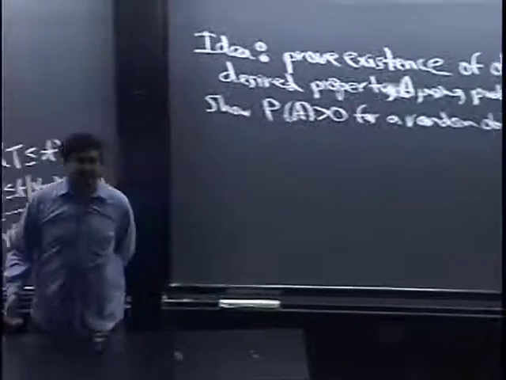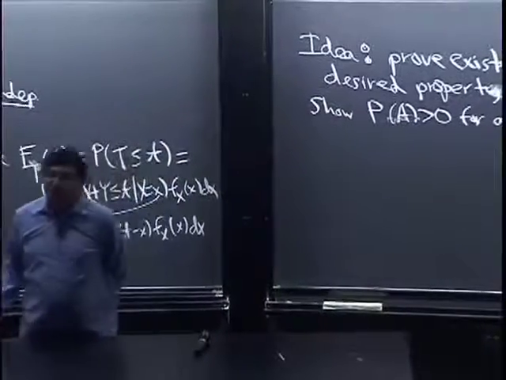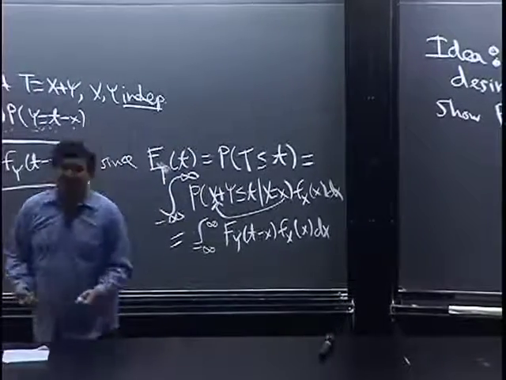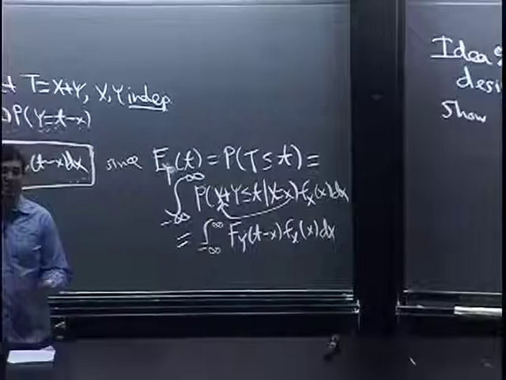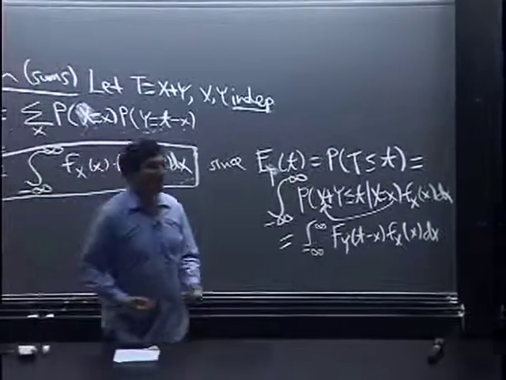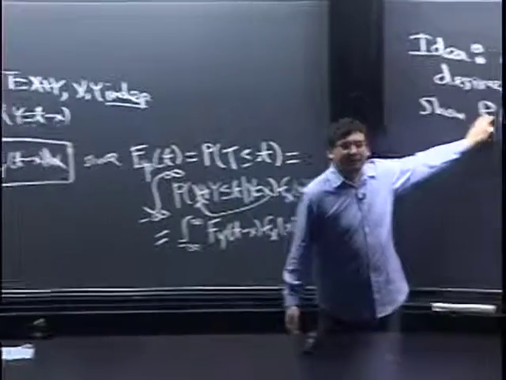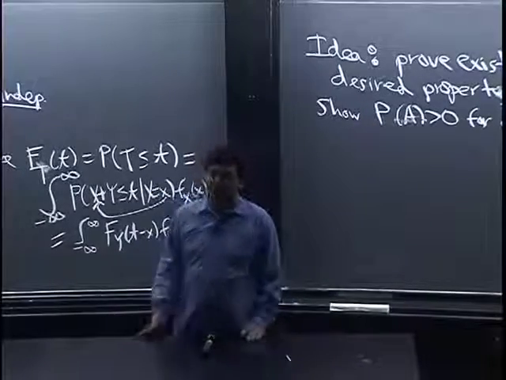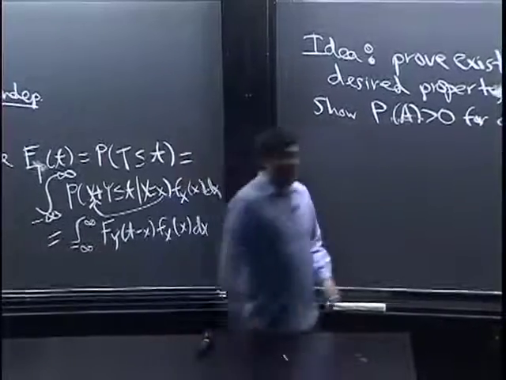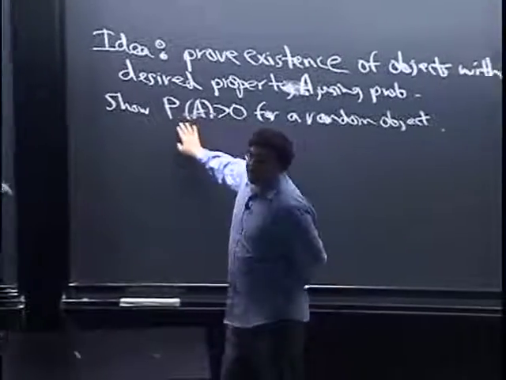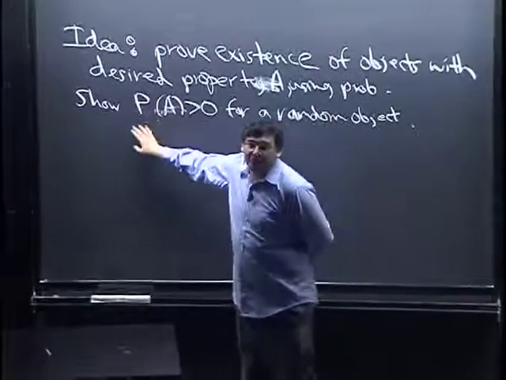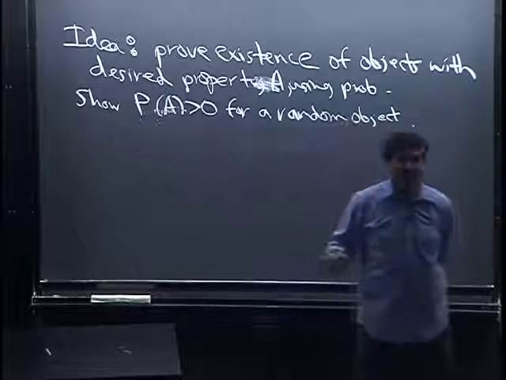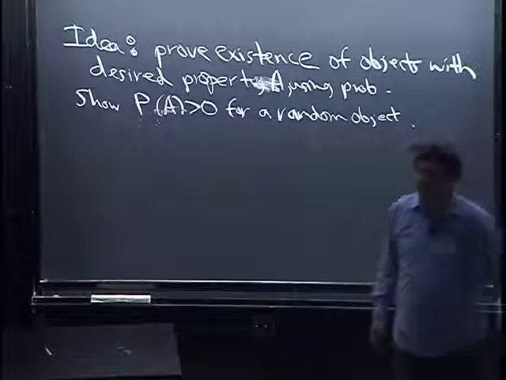But that sounds like very wishful thinking: if we can't even exhibit even one such object, how are we ever going to compute the probability? We can't even find one, but we're going to compute its probability. That's pretty weird. Notice, though, we don't actually have to compute P of A exactly. We only need a bound that shows that it's greater than 0. We don't need to know exactly P of A, just that it's positive.